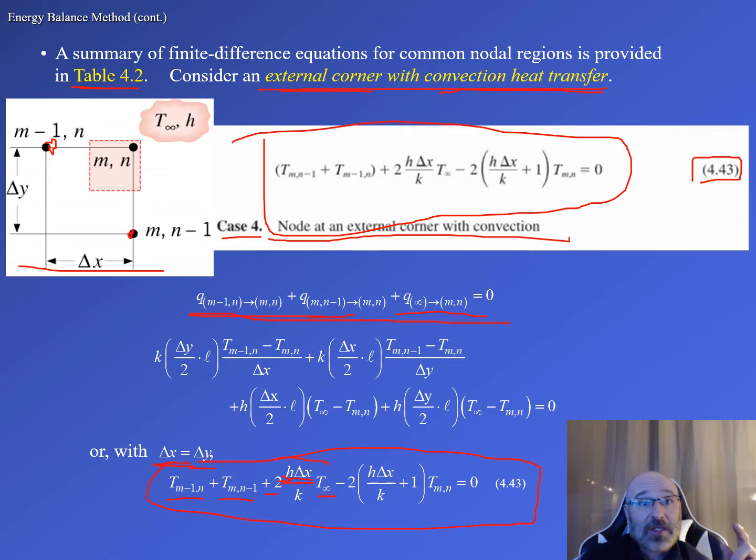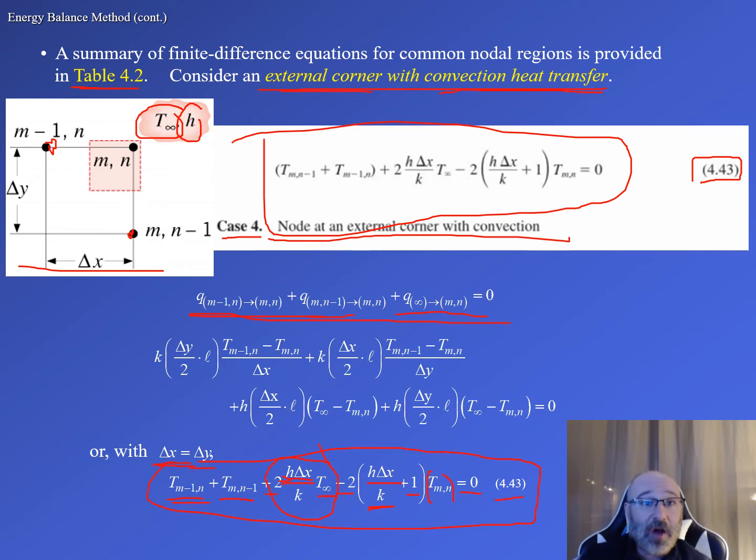We can see there's our h value that was given to us and there's our T infinity, so we can plug those values directly in if this was a given problem with those values. Minus 2 times our h term again times that delta x over that thermal conductivity k, plus 1, times our T(m, n) is equal to 0.